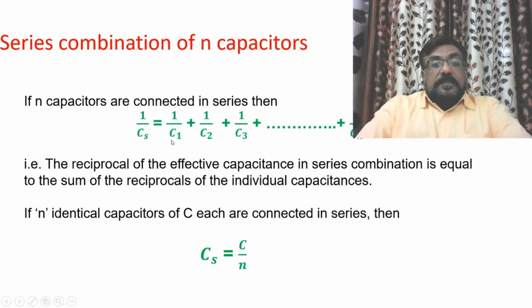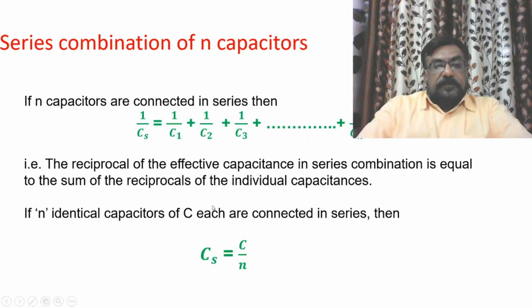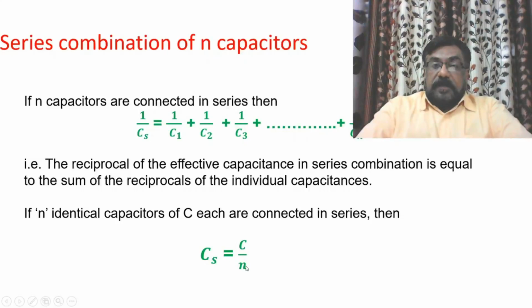Now if all these C1, C2, C3, Cn etc. are equal to C, or all of them are identical, or if you connect n identical capacitors in series, the effective capacitance is given by 1 by Cs is equal to n by C. From that we can conclude Cs is equal to C by n.